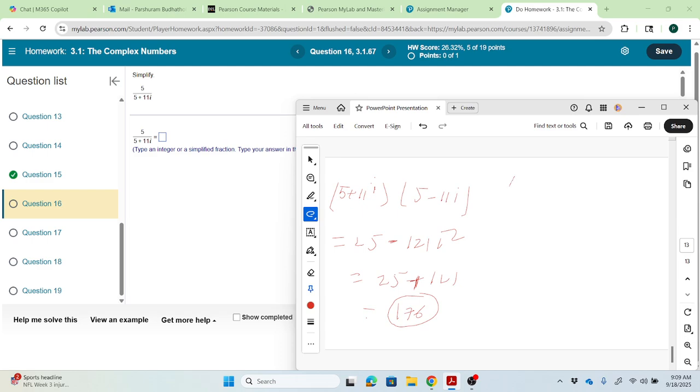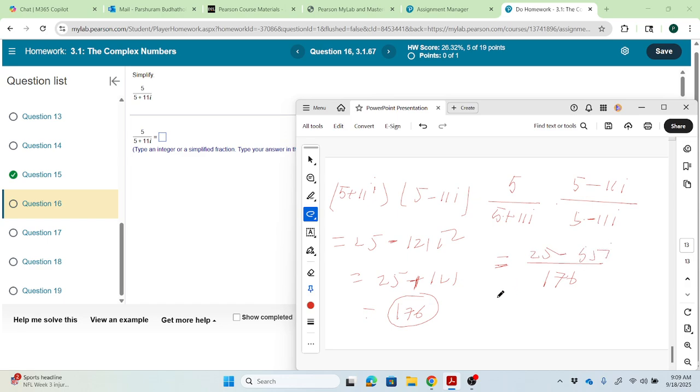So whenever we multiply 5 over 5 plus 11i by its conjugate on the top and on the bottom, on the bottom you already have this 176 because you are multiplying the complex number with its conjugate, and on the top it's 5 times 5 is 25 minus 5 times 11 is 55i.